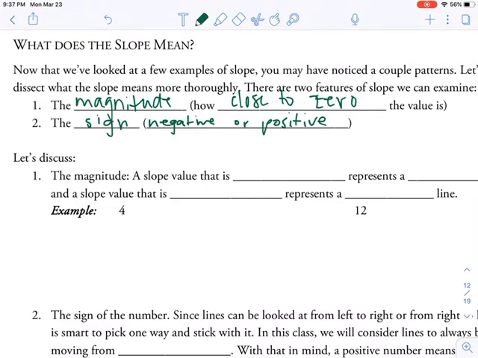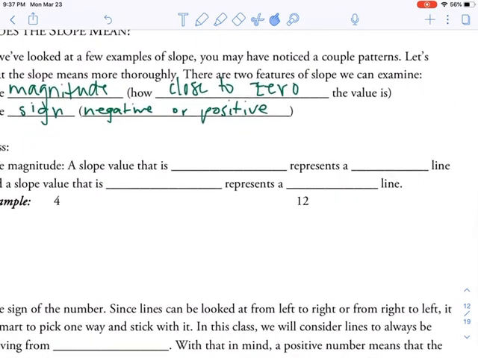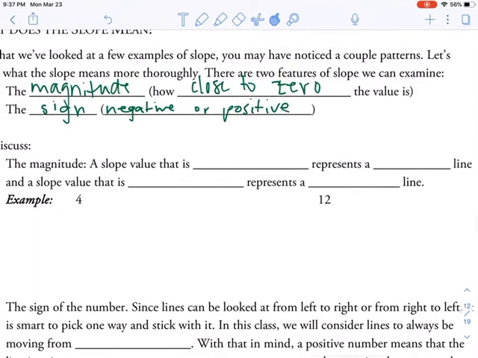Okay, so the first thing is to notice that the magnitude does mean something. The magnitude tells us how steep or shallow the line will be.